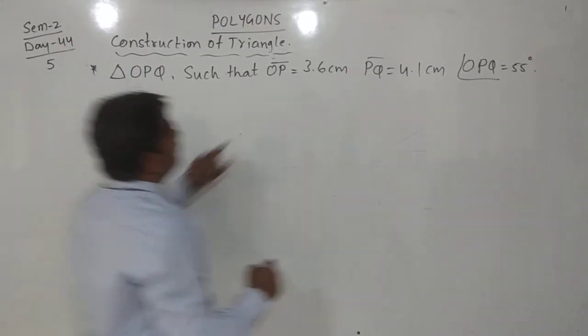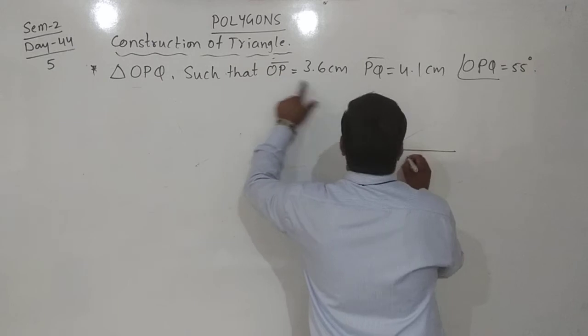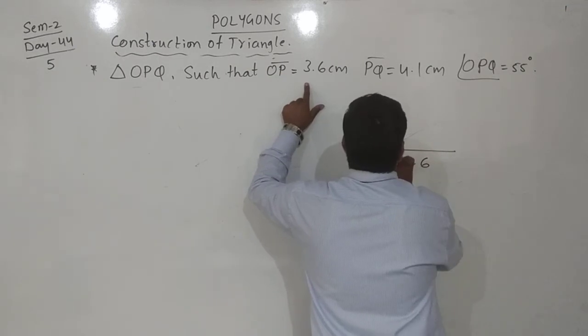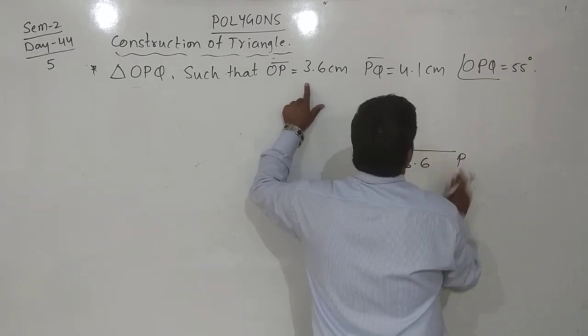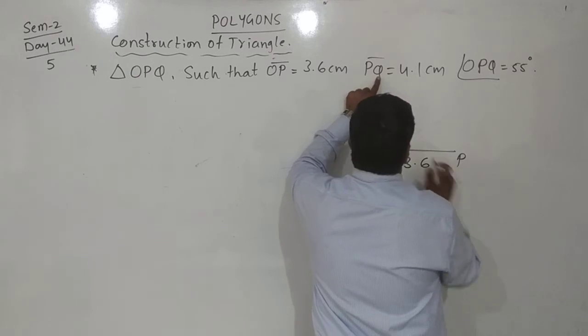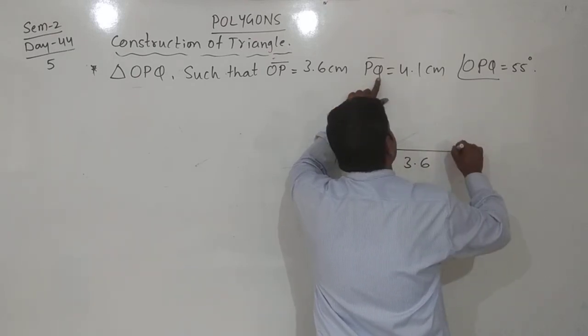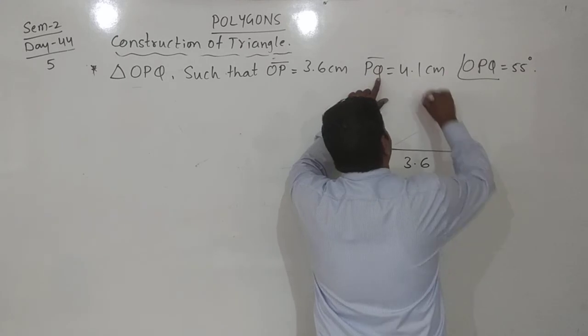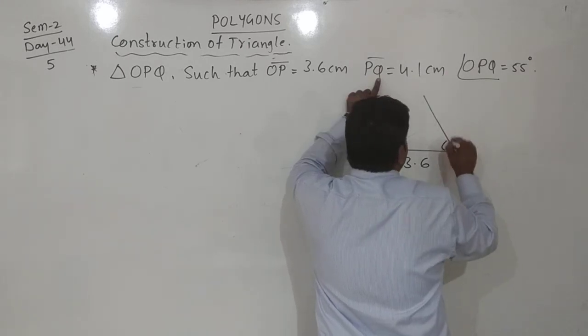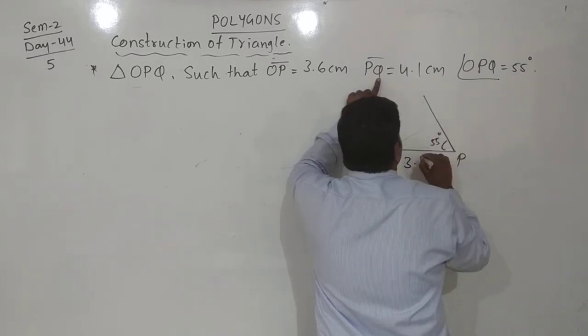The rough diagram: OP is 3.6 centimeter, then PQ is 4.1 centimeter. Here the angle is 55 degree, angle P.